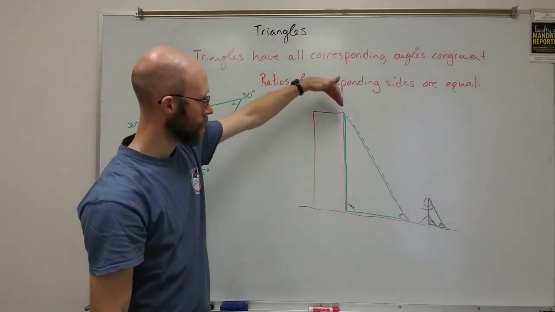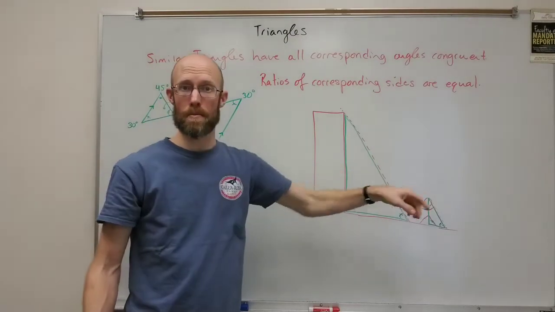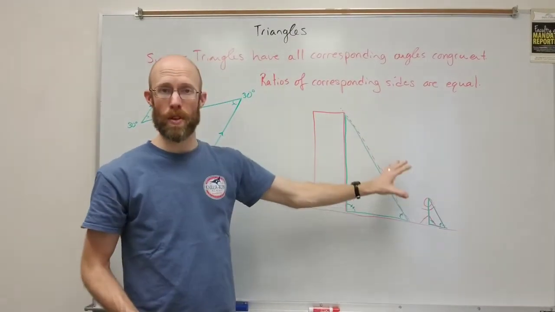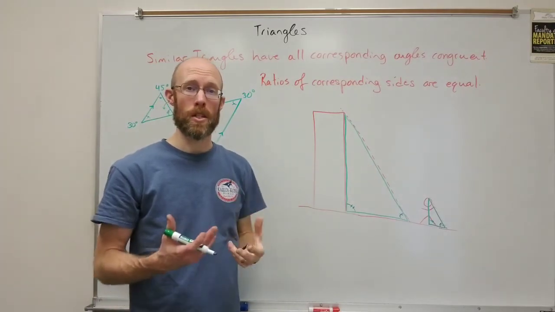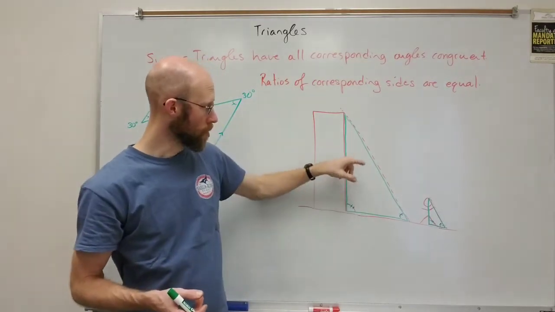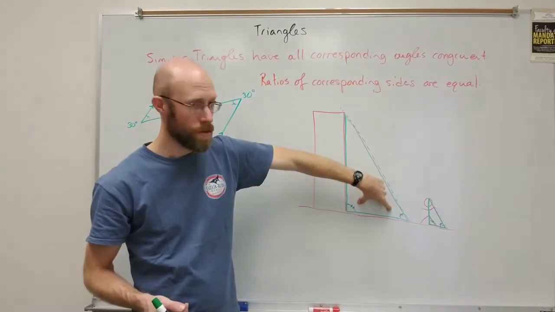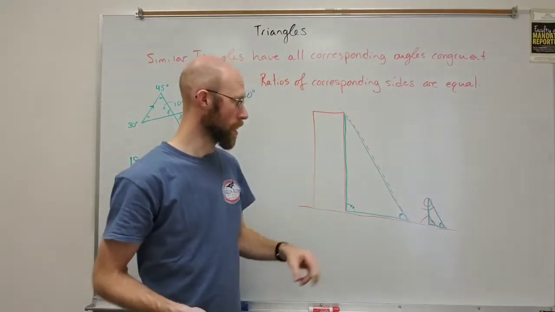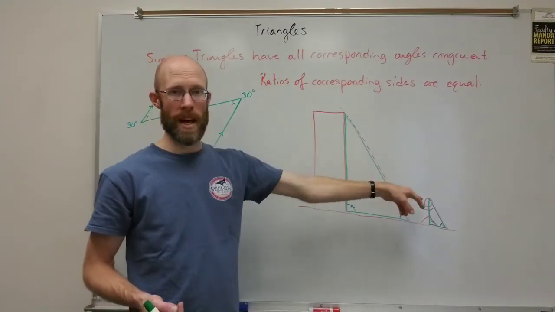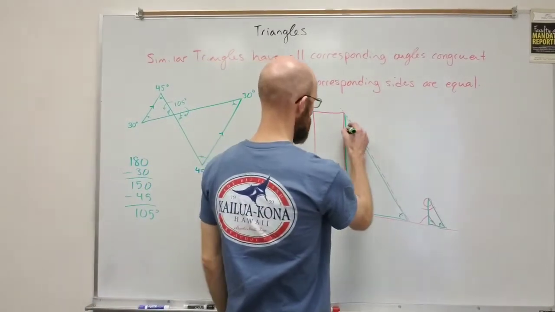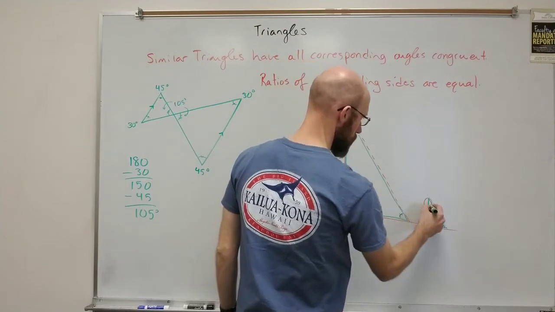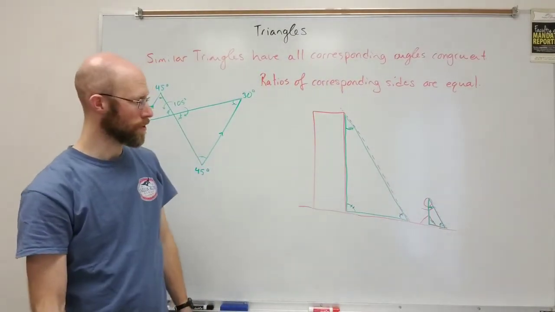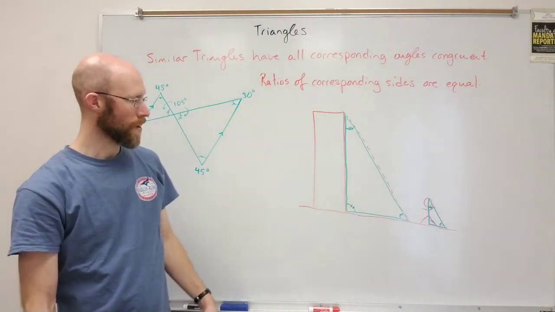And of course that means the third angle must be congruent as well. We don't even have to prove that from the diagram. We just need to know that when you take these two angles off of 180, it'll be the same as taking these two angles off of 180. And so those last sets of angles there are going to be congruent because we know the sum is equal to 180 for each triangle. Okay, so we have our similar triangles.